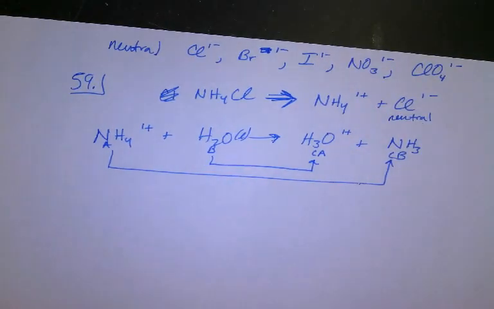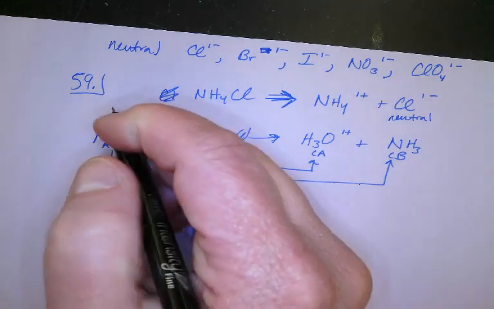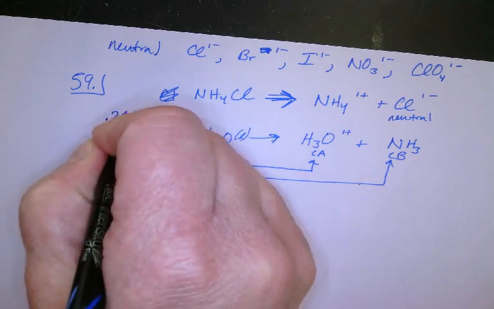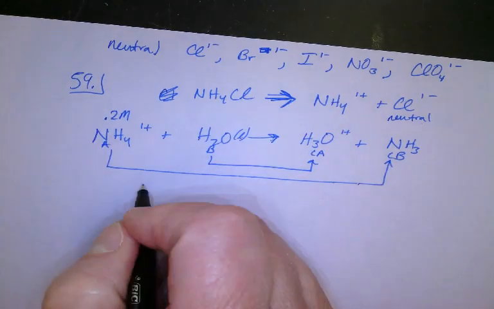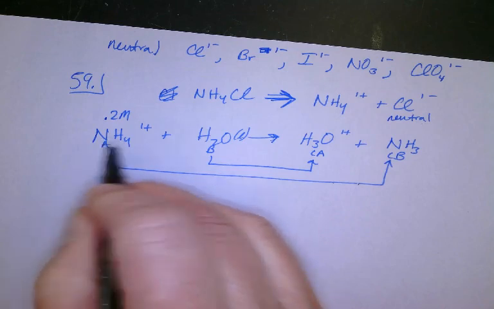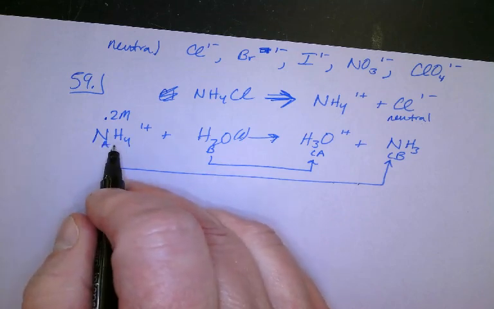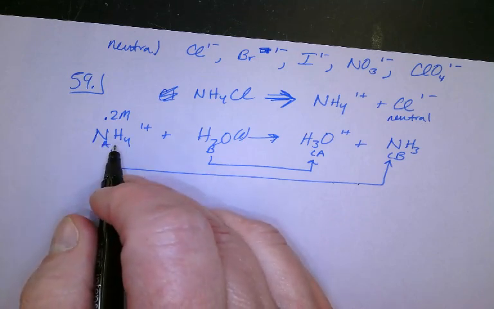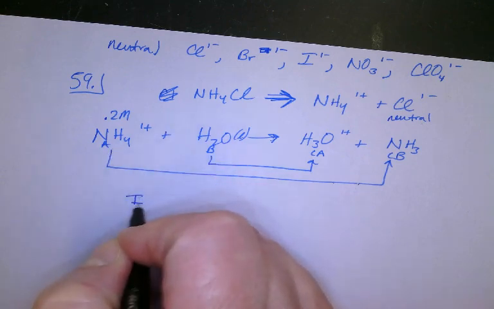How do you feel about that? So do you see how we got to our equation? Now we can fill in what we have. And in the problem, we have 0.2 molar of this, so that is our initial concentration. And this is a weak acid, right? So what do I instantly do if I have a weak anything? ICE. Yes, I do my ICE equation.